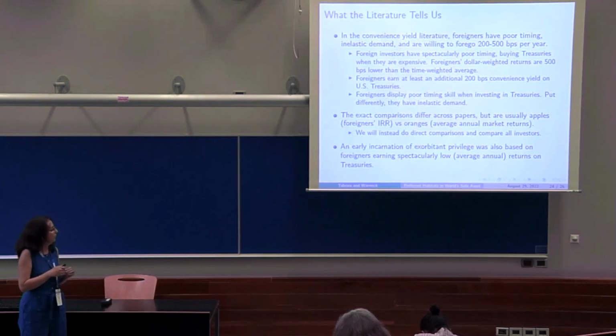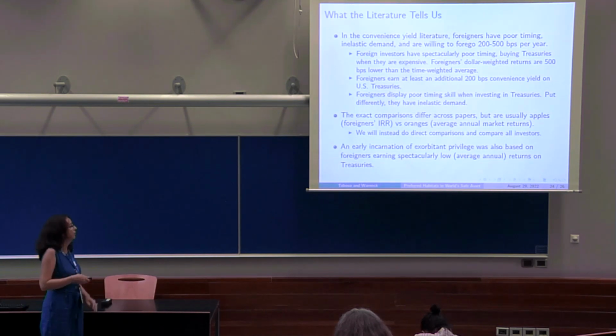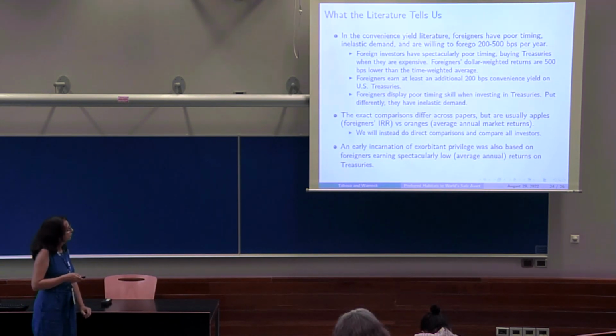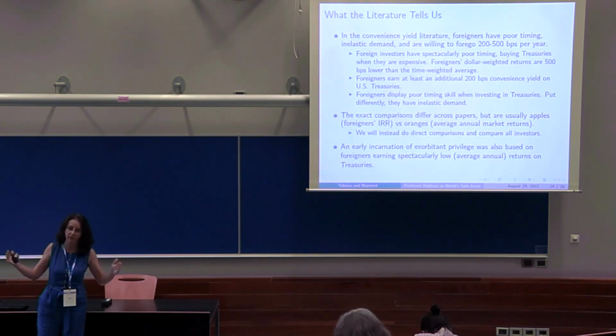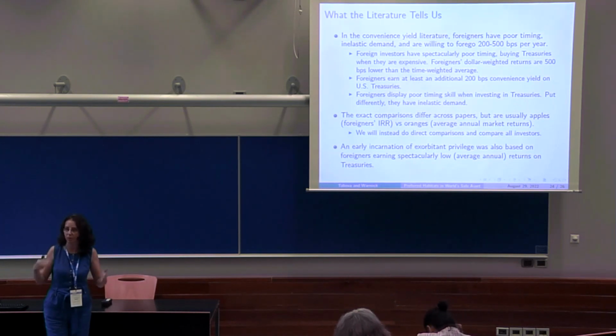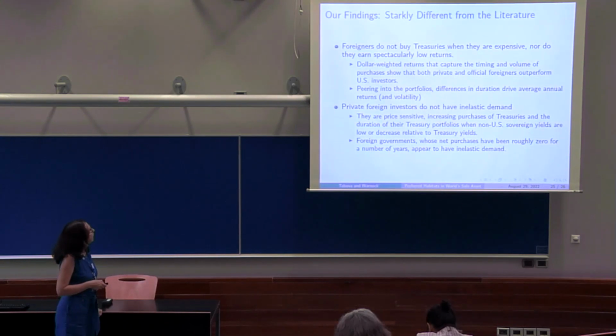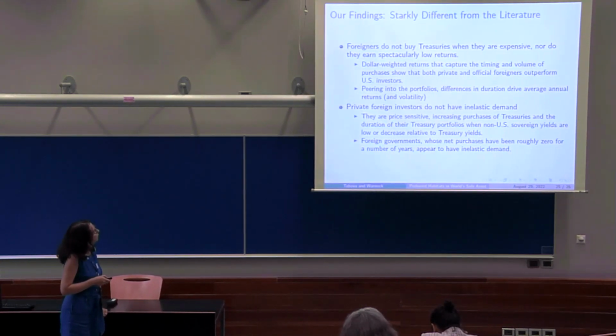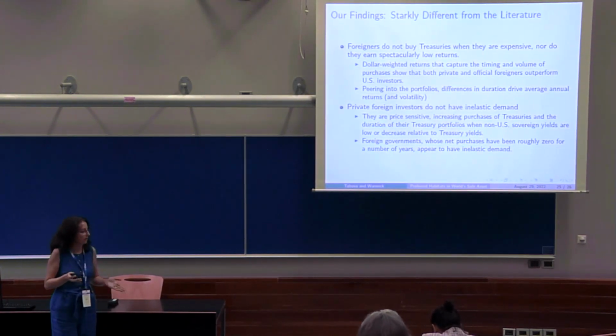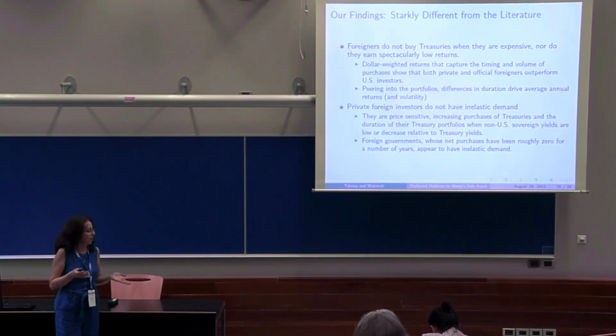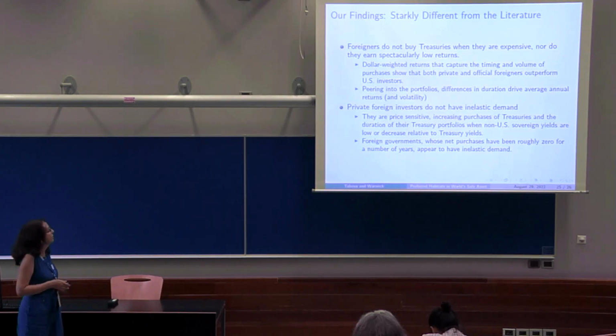So there's the challenge of data availability and the challenge of methodology. What we did is, because we have the database with all investors, we can calculate the same measure for all of them and compare them consistently. And what we found is that our results are very, very different from what the literature has been telling us.